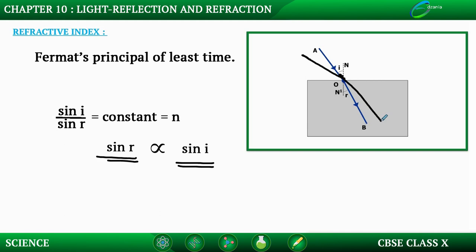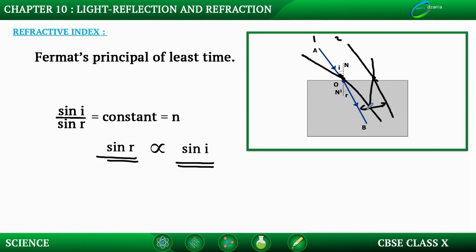Snell's law also helps us understand one more thing: if n number of lights, like here ray 1 and another ray 2, are parallel in one medium and enter the other medium, after refraction both the lights will be parallel to each other.